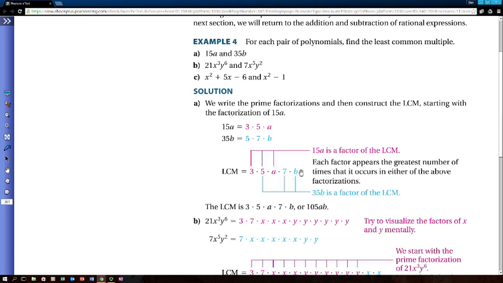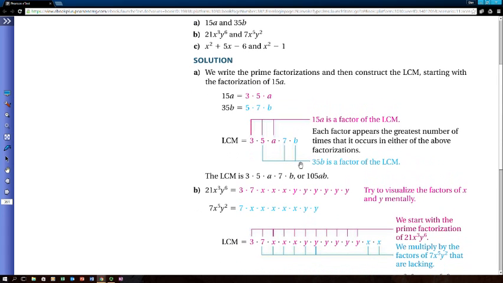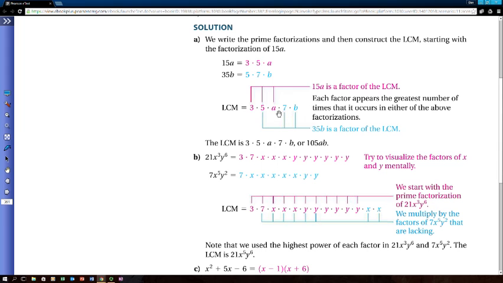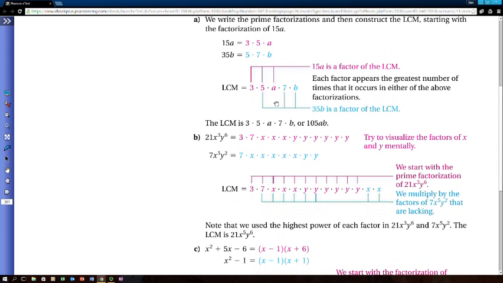And I end up with this new multiplication, which would end up to be 105ab. So remember that, even though they're variables, they're not common unless they're exactly the same variable.